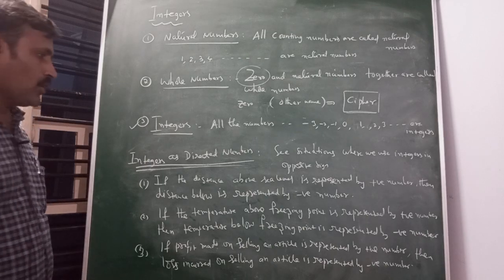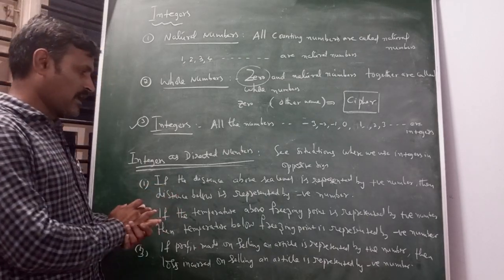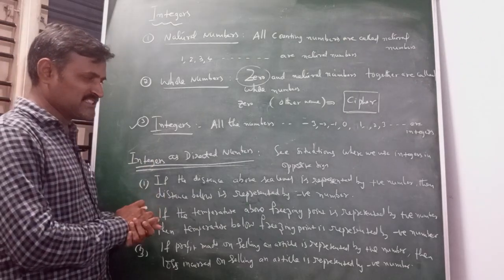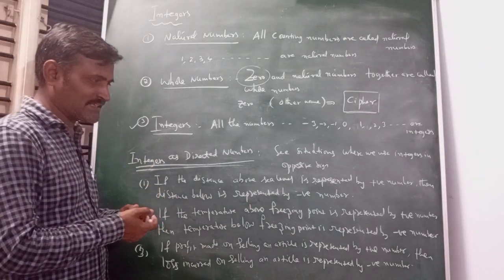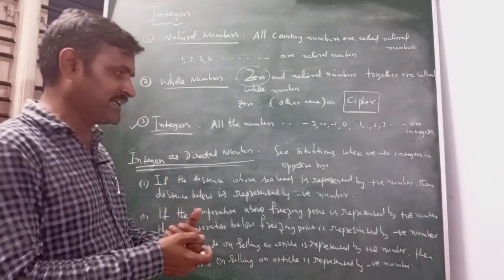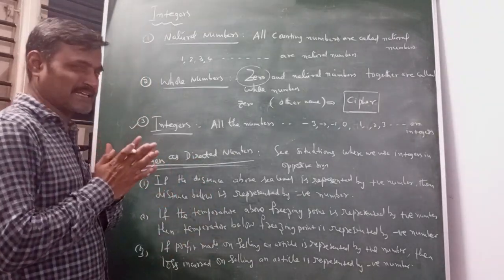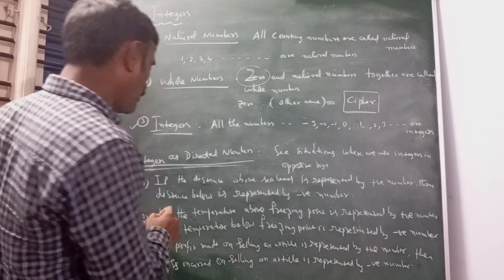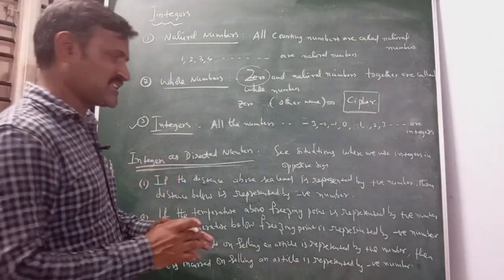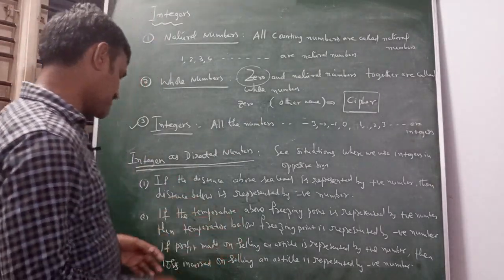So if above the freezing point is positive 13 degrees, below the freezing point by 15 degrees means minus 15 degrees. If you consider the freezing point of water as 0, below it is minus, above it is plus.